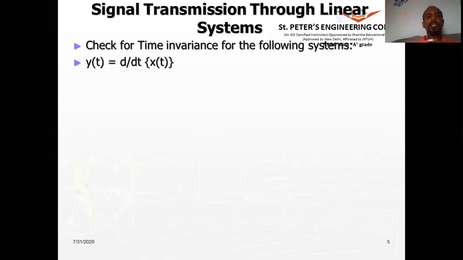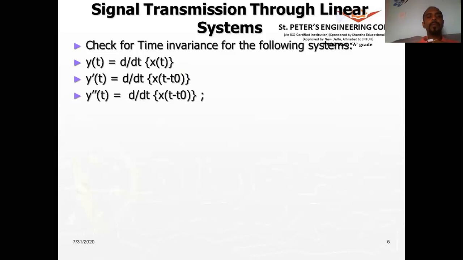Now let us delay the input, that is x in x of t. Simply replace t by t minus t naught, only in x of t. So you take the output, you get y dash of t is equal to d by dt of x of t minus t naught. Next, what is y double dash of t? You go to the function, replace t by t minus t naught.